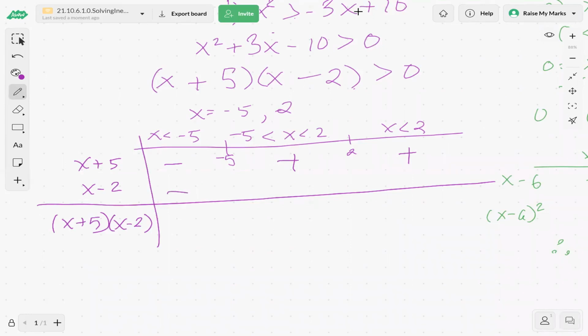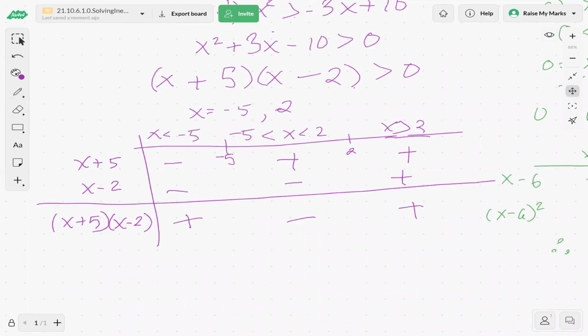When x is between negative 5 and 2, it's negative as well. And when x is greater than 2, that's not right, got the sign wrong there. Catching all the mistakes now. It's positive. Now the product of these two factors, when x is less than negative 5, the product is positive. When x is between negative 5 and 2, it's negative. And when x is greater than 2, it's positive.